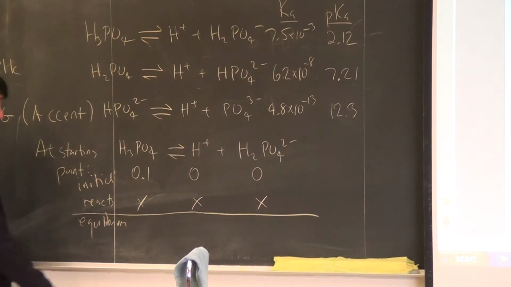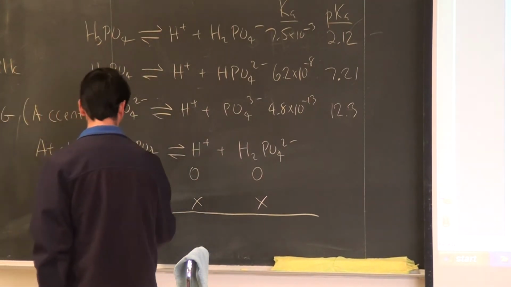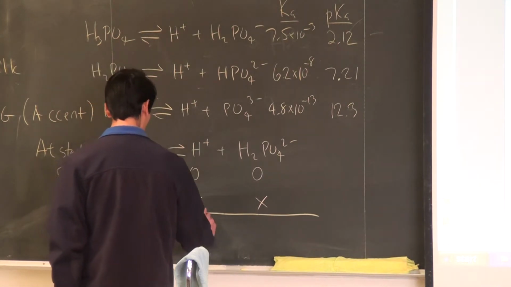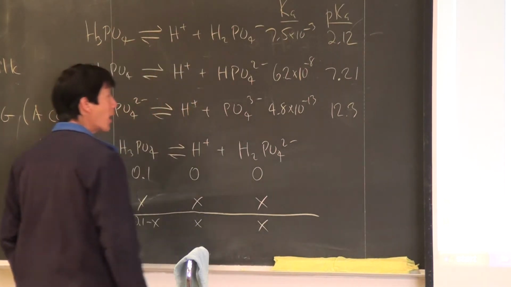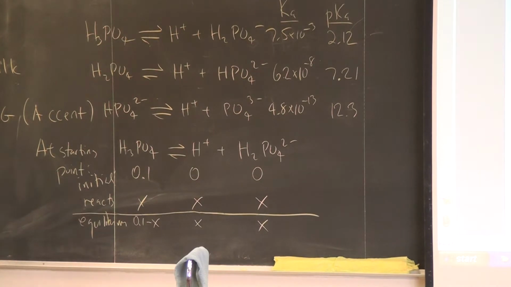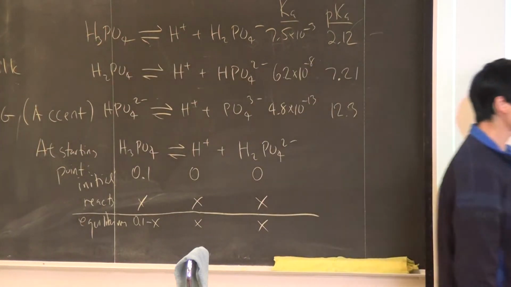Okay, so then at equilibrium you have 0.1 minus x, and then x and x. And then from there, what's the next step? I'll do it on this side of the board.